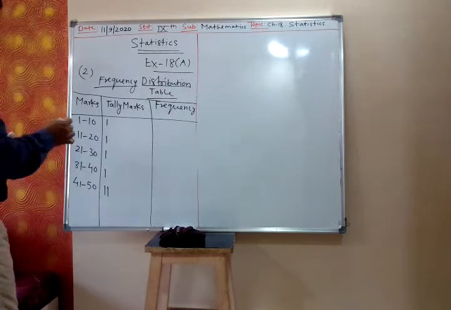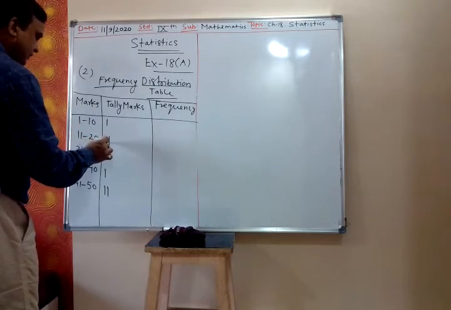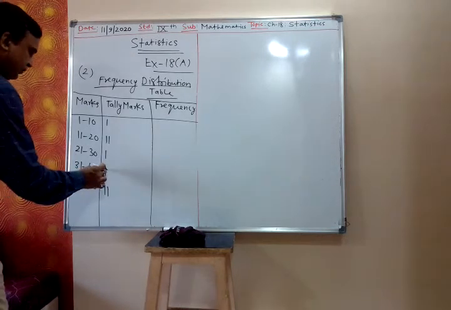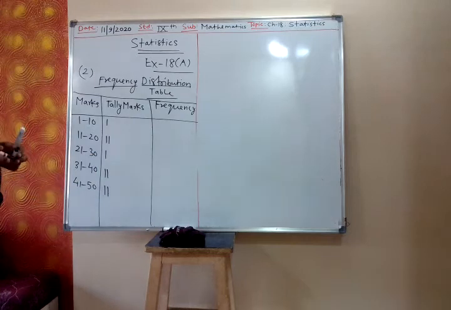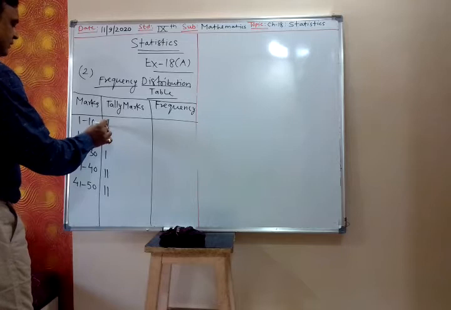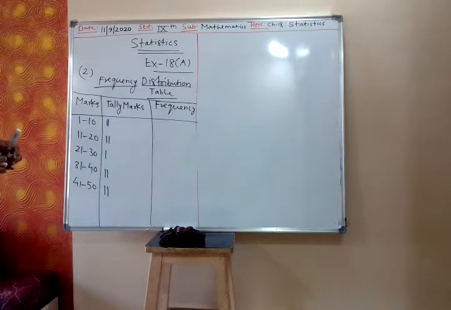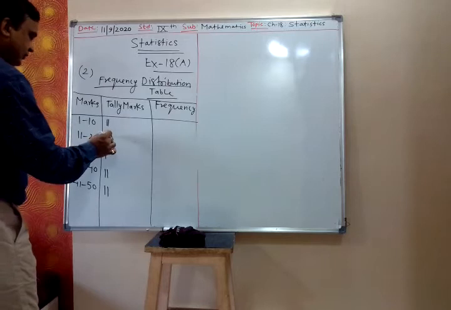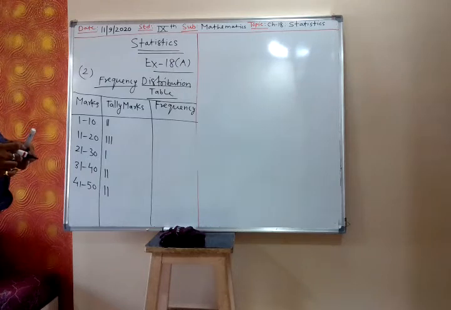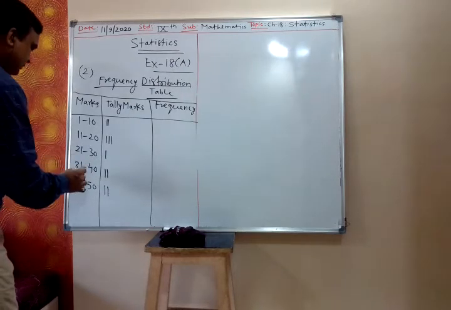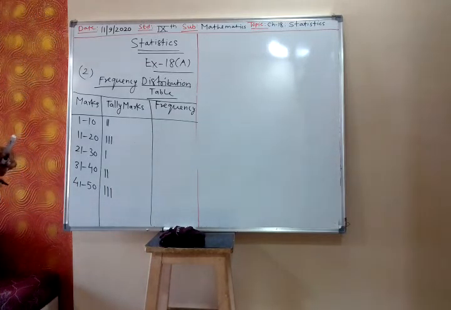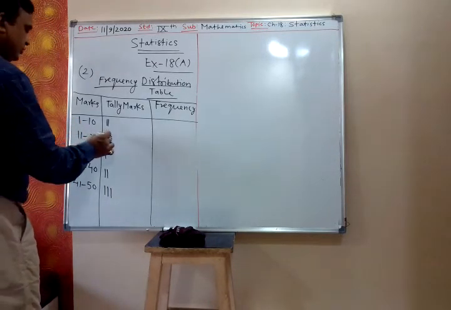Then 20, 11 to 20. Then 34 you will write between 31 to 40. Then 9 you will write between 1 to 10. Then 18, 11 to 20. Then 42 between 41 and 50. Then 14 between 11 to 20.